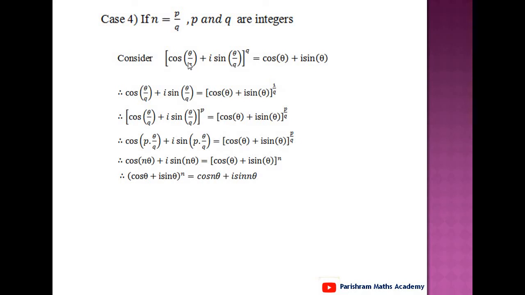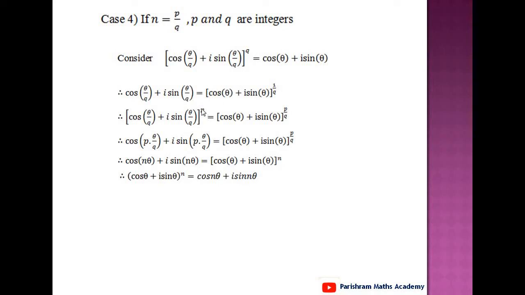And therefore (cos(θ/q) + i sin(θ/q))^q equals cos θ + i sin θ, and therefore cos(θ/q) + i sin(θ/q) is the same as (cos θ + i sin θ)^(1/q). That is by taking the qth root on both sides.